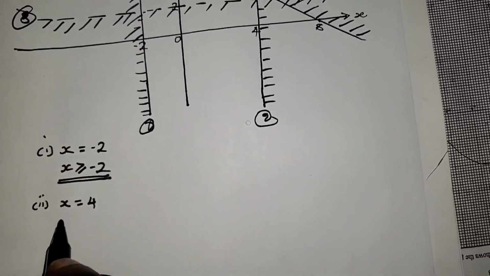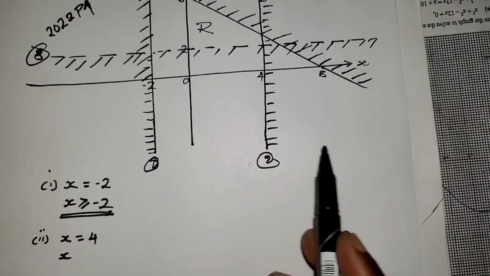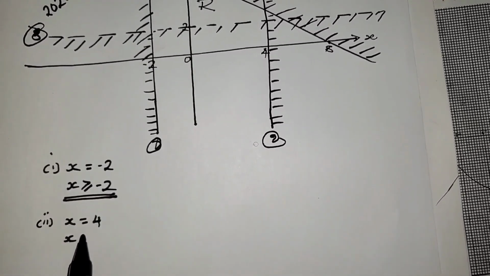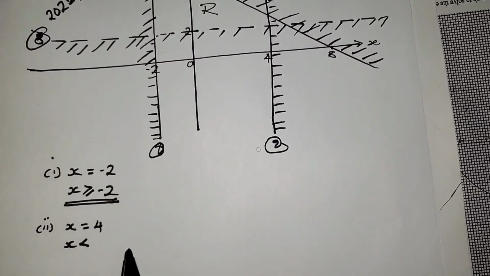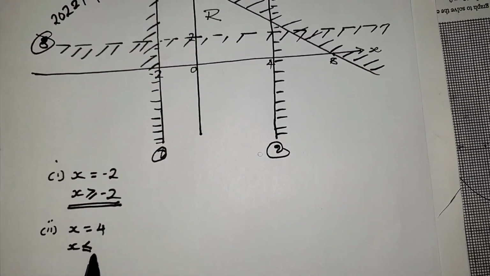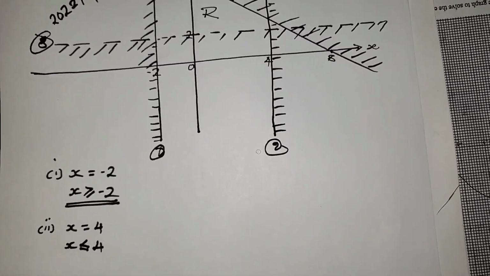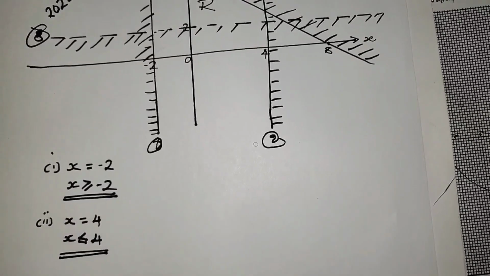Now look at the shading: it is on the greater than part, and the wanted region is on the less than part. So the symbol here should be less than. The line is solid, so it will be less than or equal to 4. Okay, and this is the second inequality.